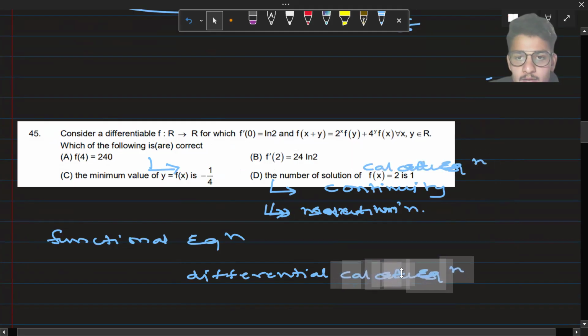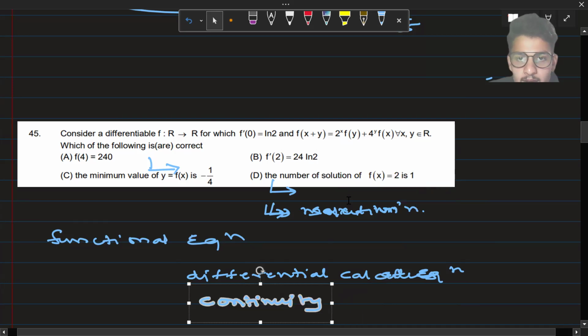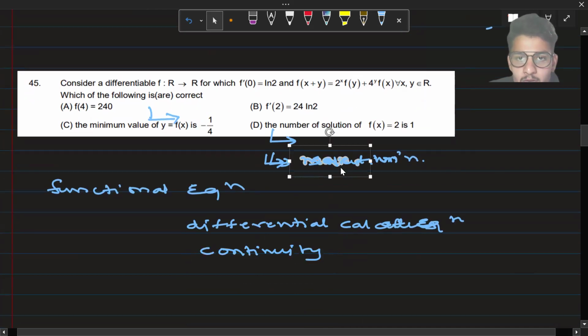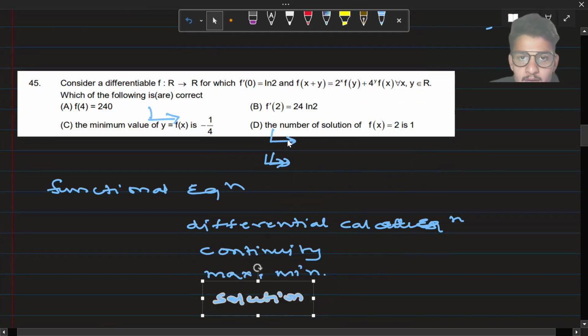Differential calculus will always be there, and continuity will also be there. The maxima and minima concept will also be introduced in this question, and also the solution part. So these kinds of concepts will be used in this question.